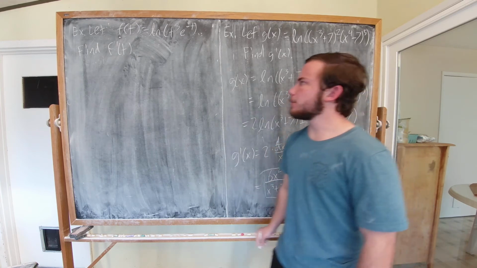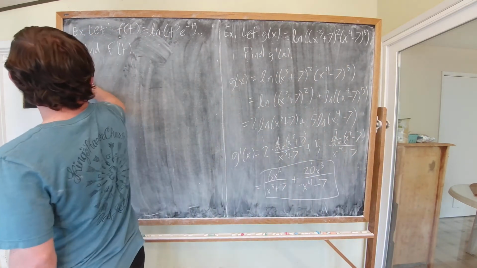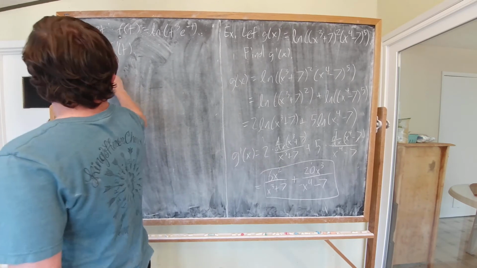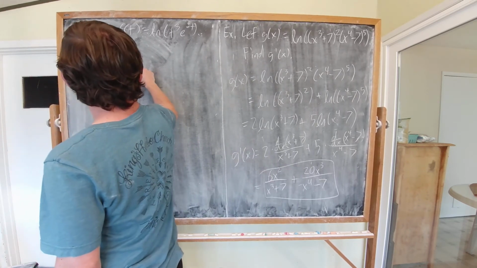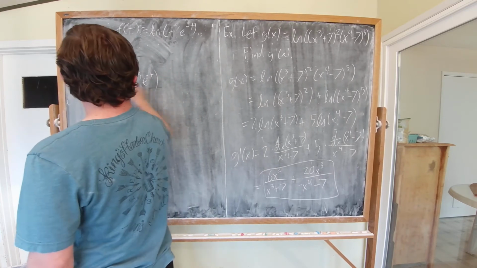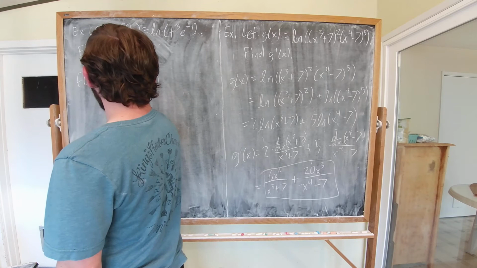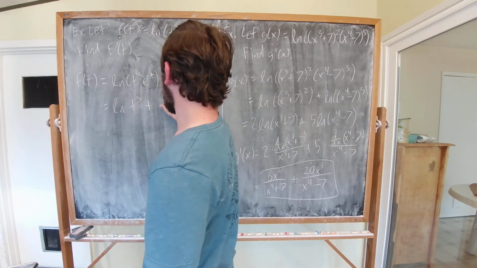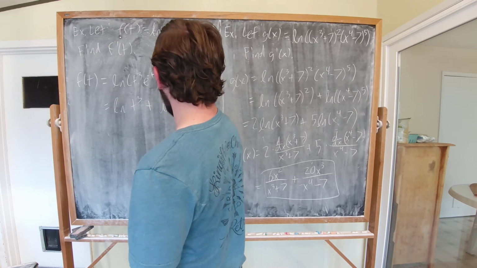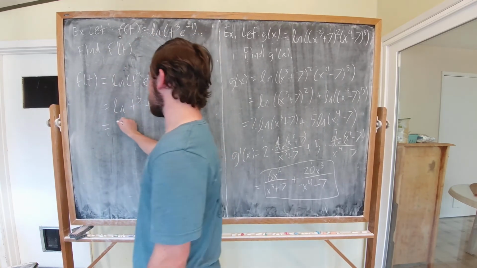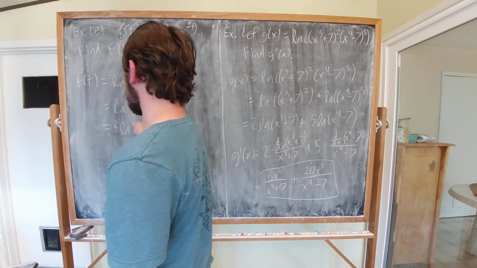Sure. But we could also recognize, hey, f of t being the natural log of t cubed e to the negative t is, by properties of logarithms, natural log of t cubed plus natural log of e to the negative t. Natural log of t cubed is 3 natural log of t.